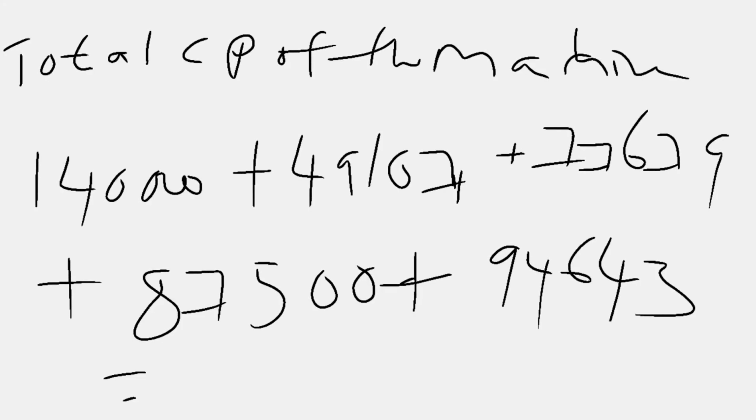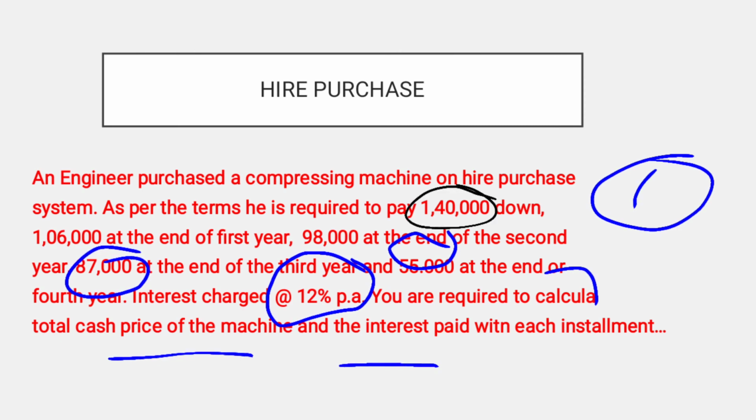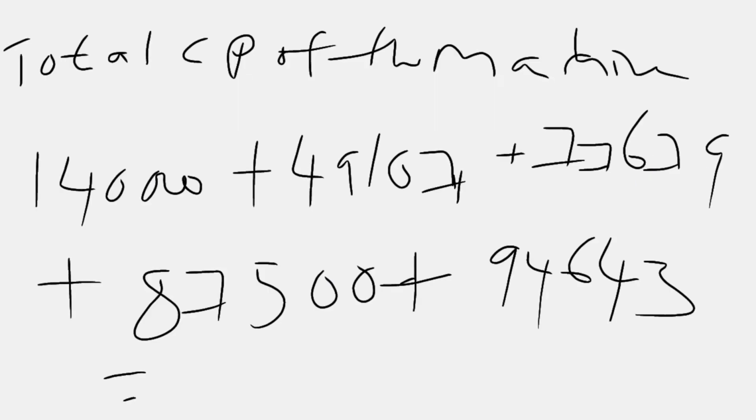So the down payment is given here, and then we need the installments. After deducting the interest from the installments we find the cash price here. So the answer is, total: 1,40,000 plus 49,107 plus 77,679 plus 87,500 plus 94,643.